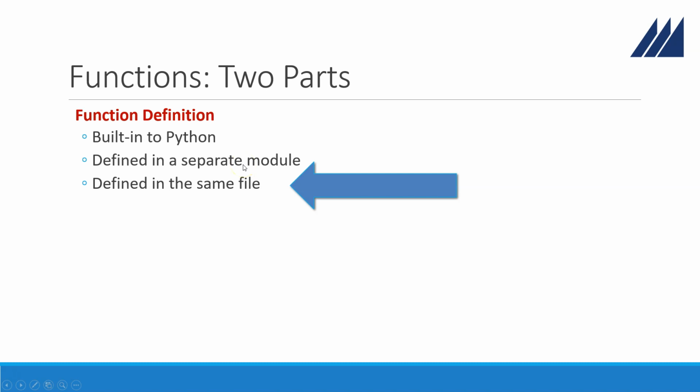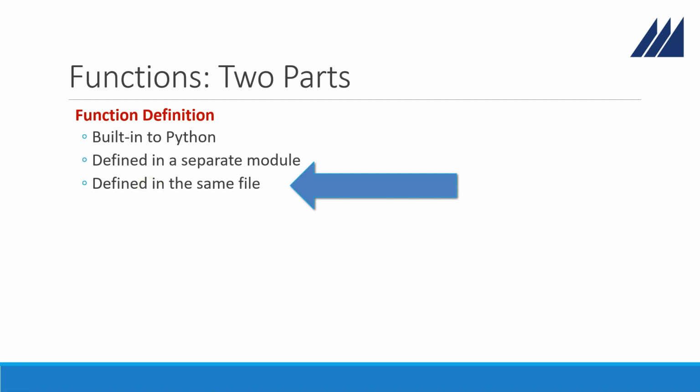There are a lot of methods and functions defined in that module. The only thing we need to do is import this module and then use these functions inside our program. The third, and this is the focus of this lecture and this module as well, is defined in the same file, which are what they call the user-defined functions.